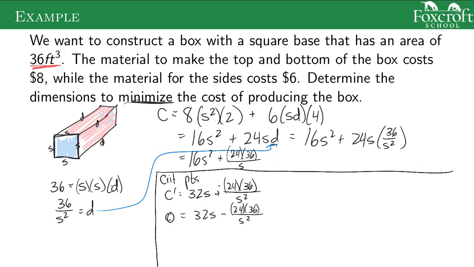There's a few different ways you could go about this one. Maybe here I would just multiply everything by S squared to cancel out that fraction. So turn this into S cubed minus 24 times 36, which is 864, and then add 864 to the other side. Then I divide that by 32, which is 27, and take the cube root, and I get S equals 3.